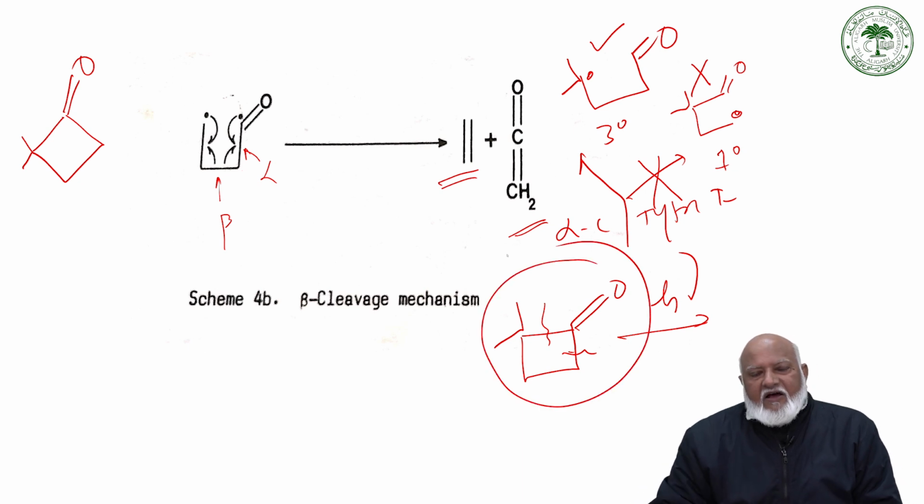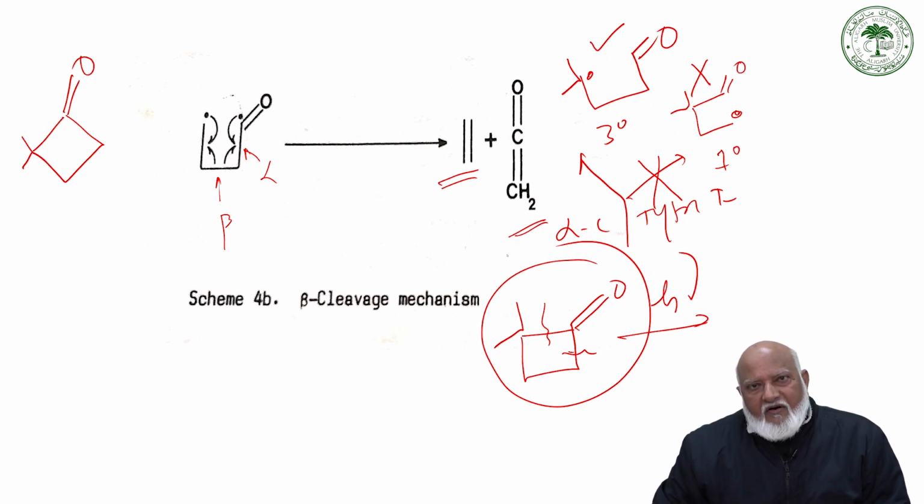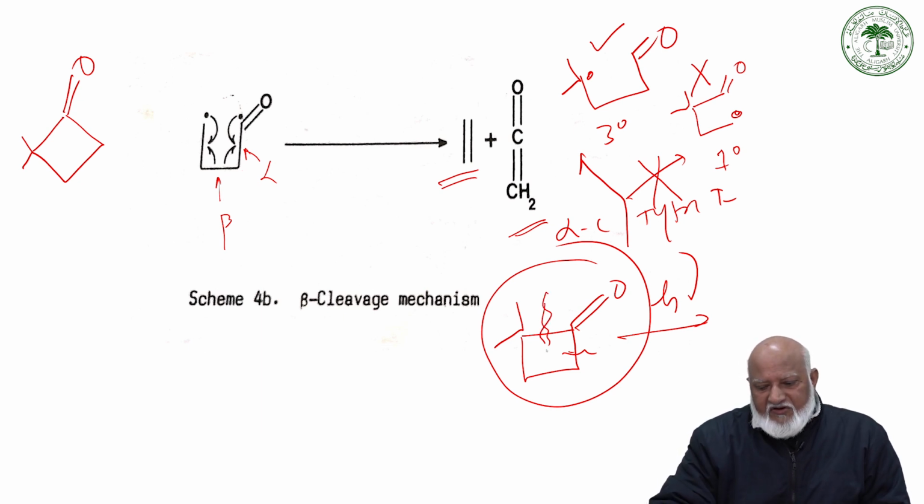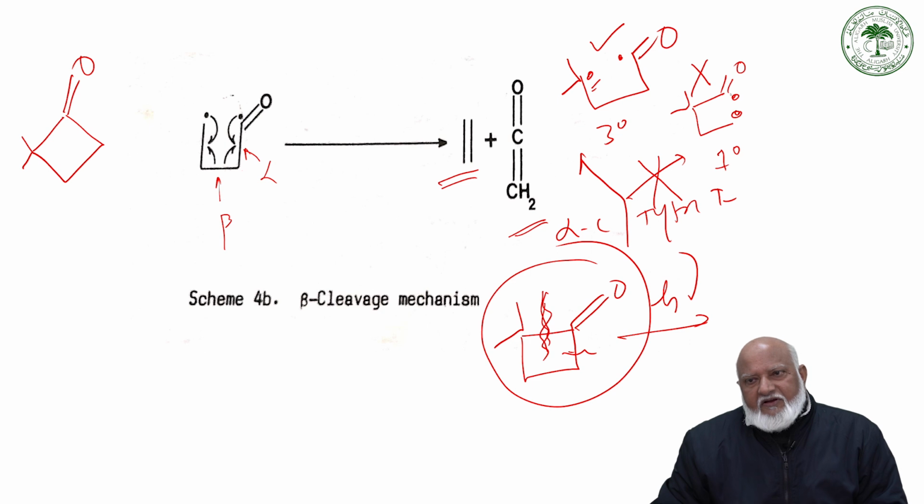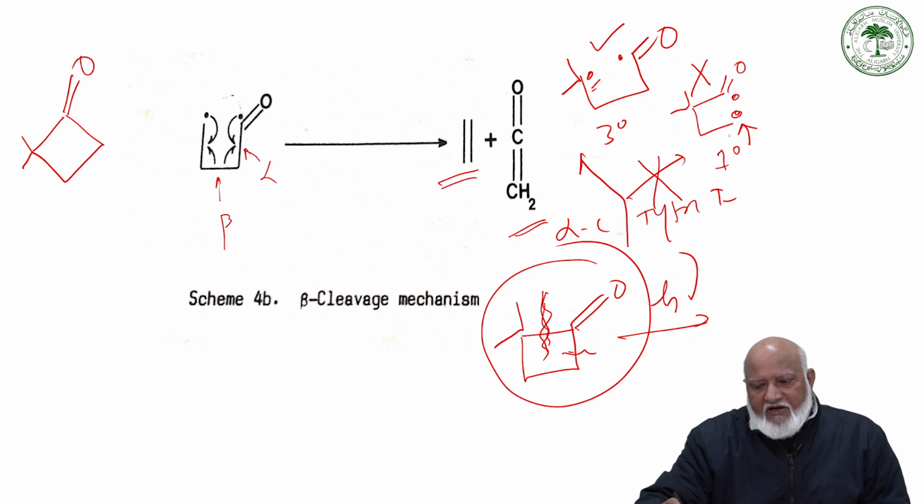Whenever the alpha carbon is substituted with a methyl group, there is a preferential cleavage of that alpha bond, so preferentially this bond cleaves to give you a tertiary radical, because the acyl radical is going to be the same in both, but this carbon radical is going to play an important role. This is a primary carbon centered radical, this is a tertiary carbon centered radical. The tertiary carbon centered radical is more stable, so this preferential cleavage takes place.